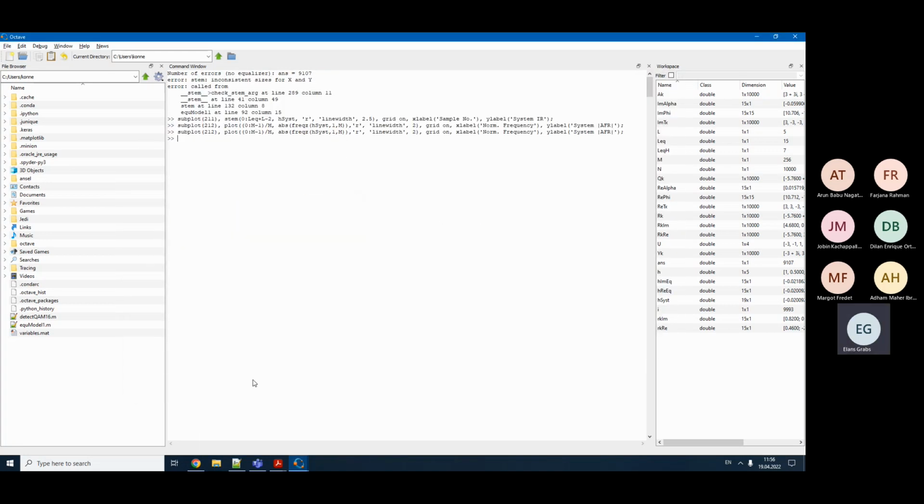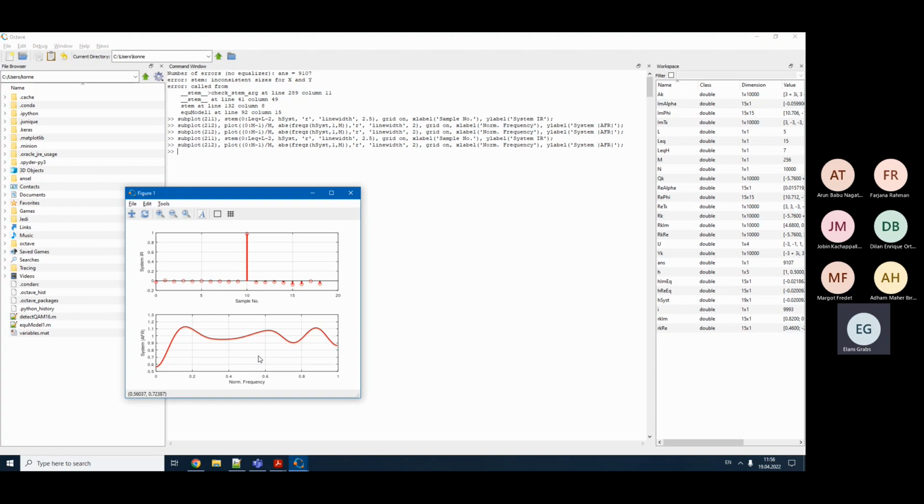Wait a minute, where is the second plot? Okay, now it's working. You can clearly see that here in the center we have 1, and here we have something very close to zeros. Here you can see that it's not entirely 0, but anyway, it's close.